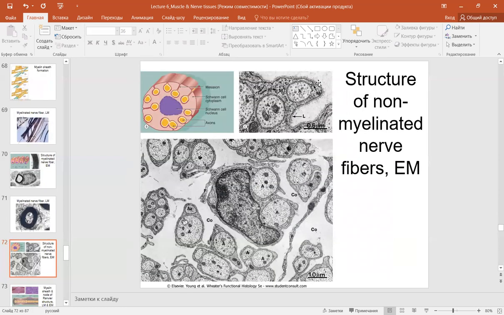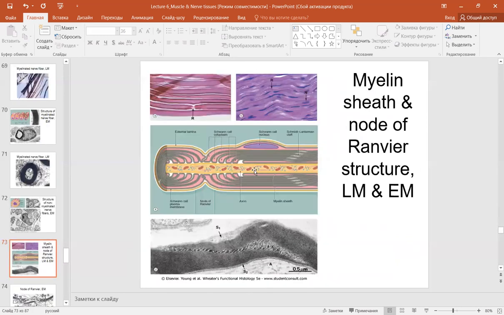Here you have the structure of non-myelinated nerve fiber, mesaxon. Several nerve fibers are enveloped by one single Schwann cell. These non-myelinated nerve fibers are transducing electric impulse much slower compared to the myelinated nerve fibers, which are having jumping phenomenon of the electric impulse from one node of Ranvier to another node of Ranvier.